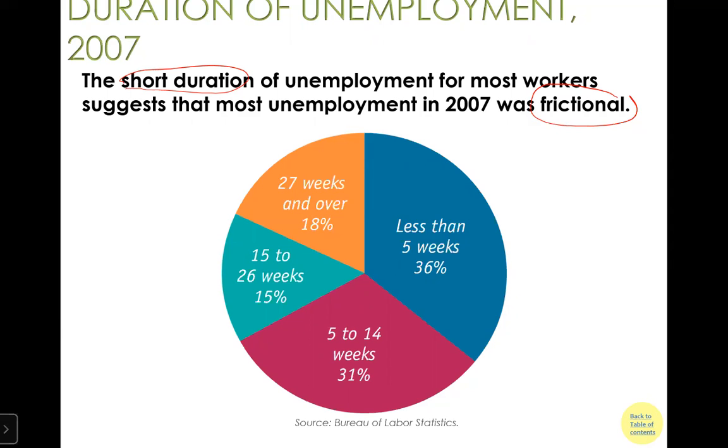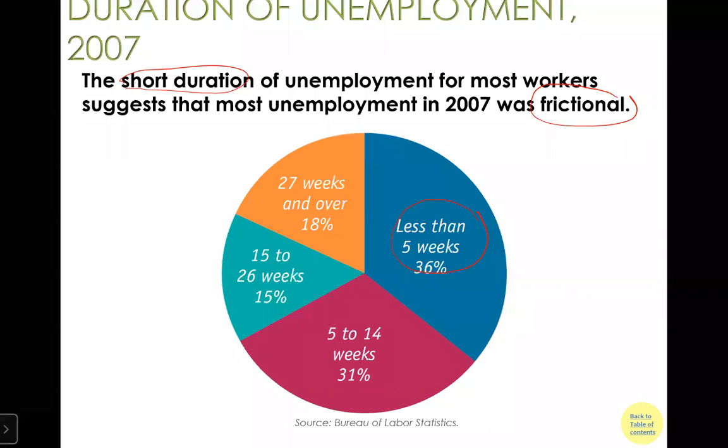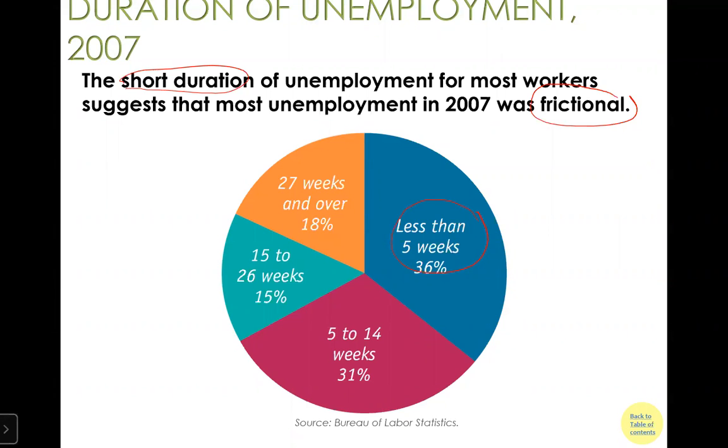In this case, you can see there are 36% of people who are unemployed for less than 5 weeks. For those 36% of the unemployed, it takes them some time to sort things out, but typically it's very quick. Okay, so those are frictional.